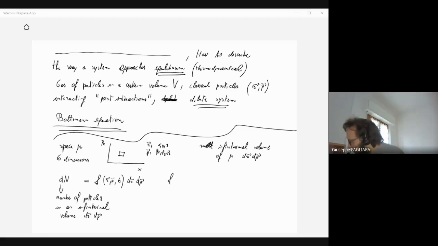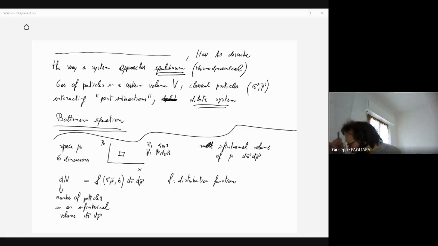Now f is called the distribution function, and this function tells me, if I want to count the number of particles in a small volume dr dp centered in a position r and p of the mu space, how many particles I have, okay?